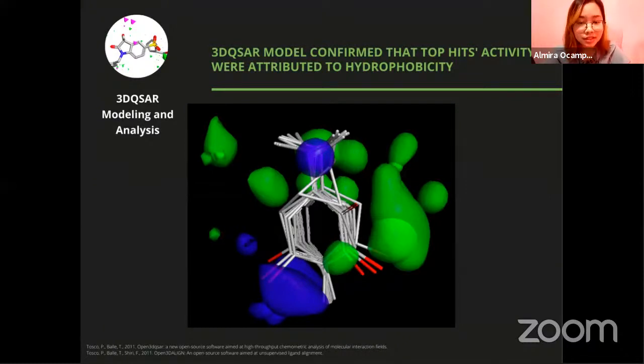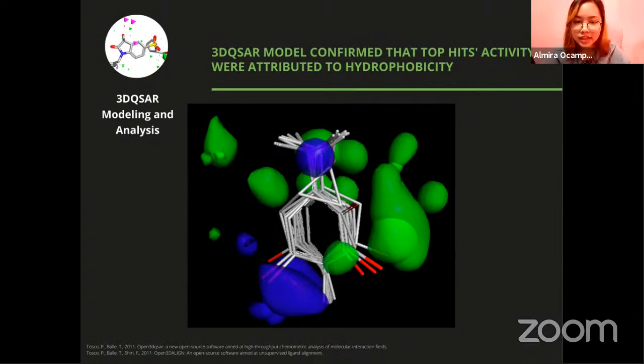Now, in this model that we have generated, in the middle are the aligned poses of our four top hits. Or when we say poses, ito yung pose ng compounds natin when they binded to our protein receptors, to our cytophilus erythrae receptor. Okay, so they were aligned.